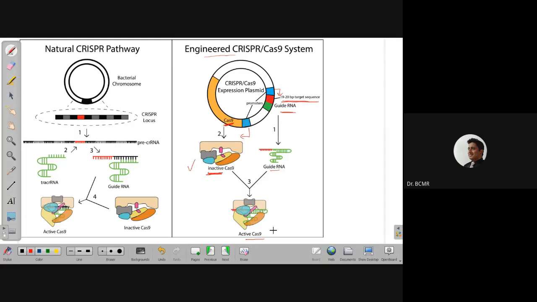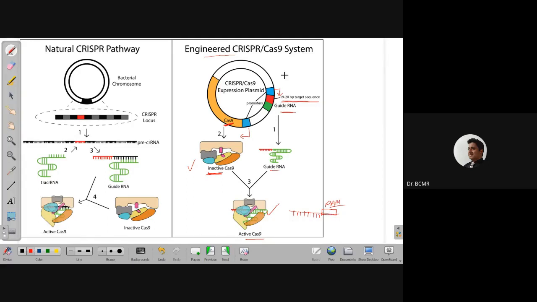The nuclease activity will only be activated if there is a DNA sequence with homology, or complementarity, to the CRISPR RNA here, and also there should be a PAM sequence. Okay. So that is, it is simple now.